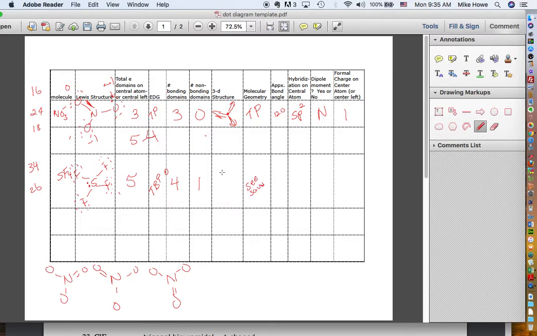So a seesaw looks like, I'm going to try and draw part of a pyramidal. Okay, there you go. That's supposed to be a straight line I just drew.